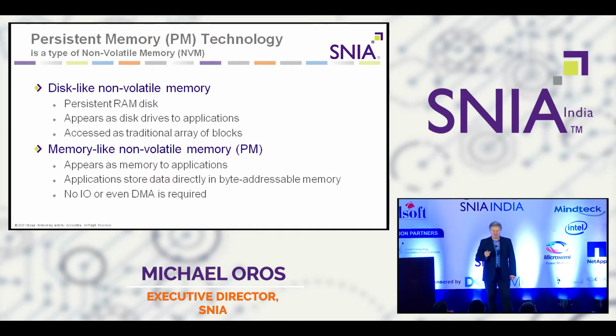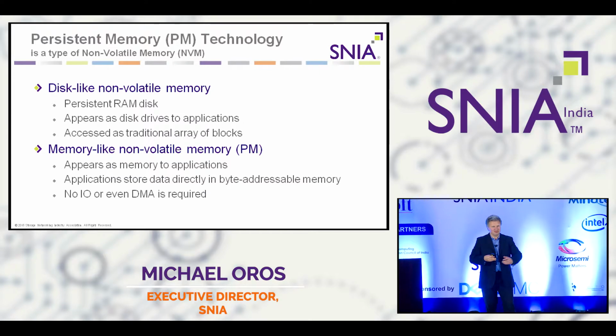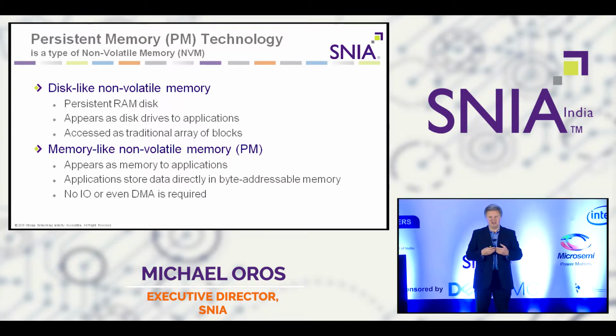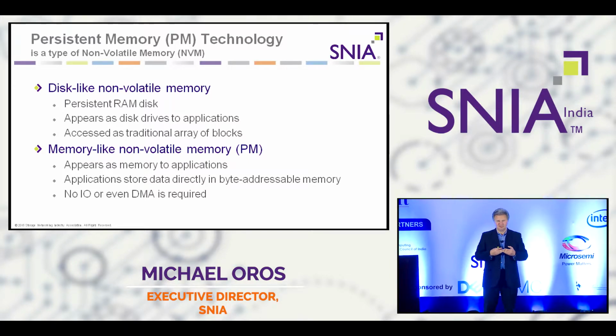The implementation can have things called NVDIMMs, for example, that are DRAM based, but backed by flash today or other technologies with capacitor or battery power, and that delivers you the experience of persistent memory. Again, a non-volatile memory experience that you can utilize today.